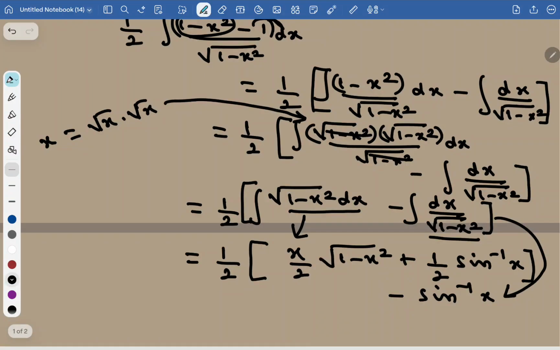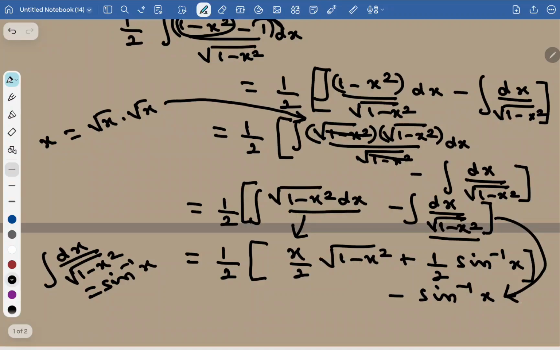Straight away we have the formula: integral dx by root of 1 minus x square is sine inverse of x.